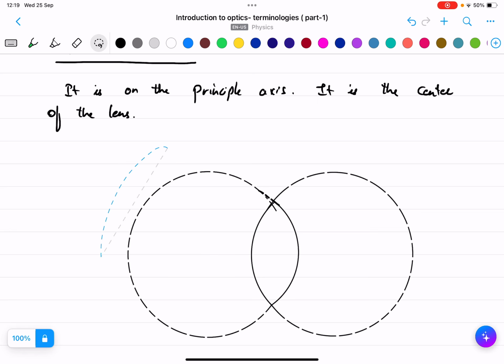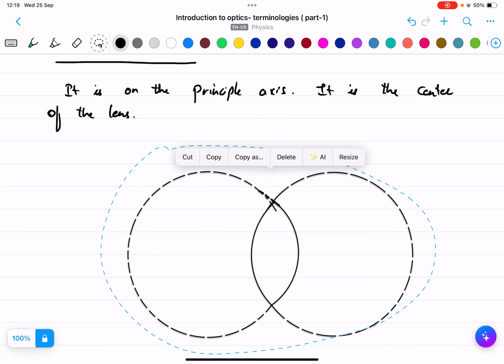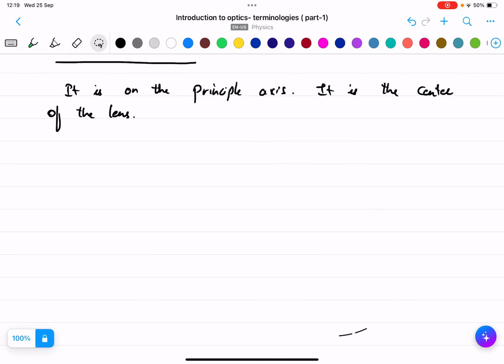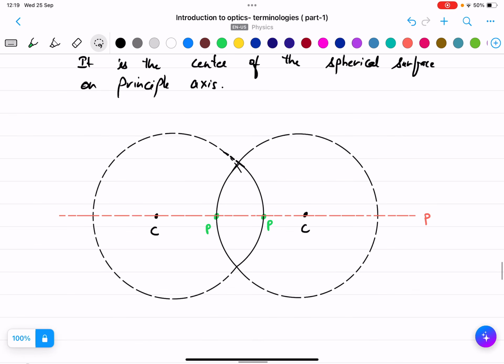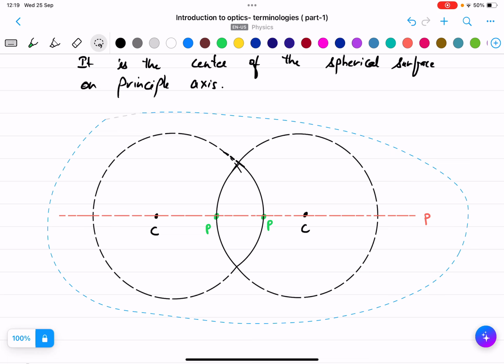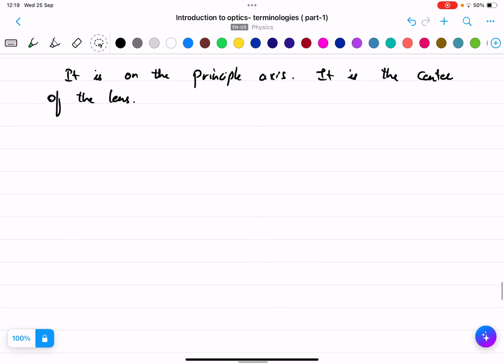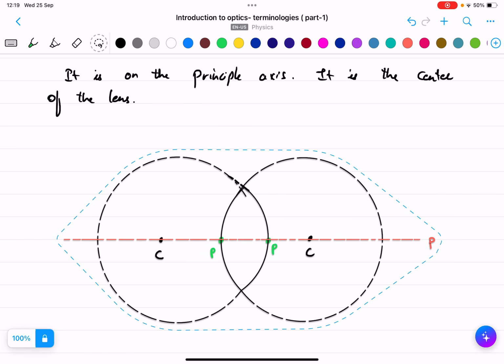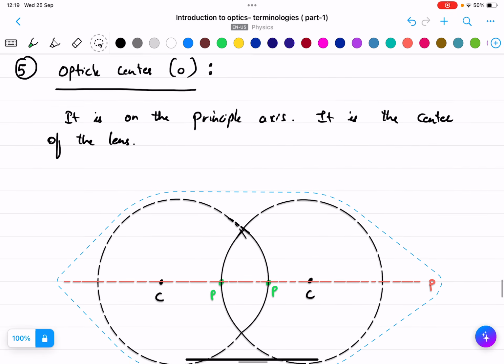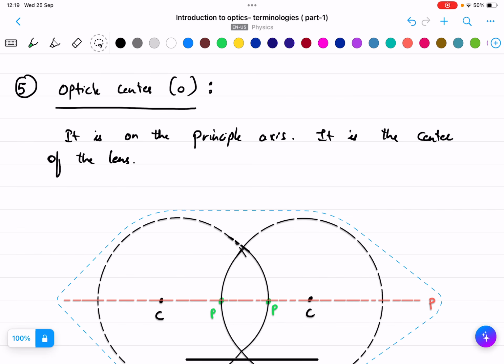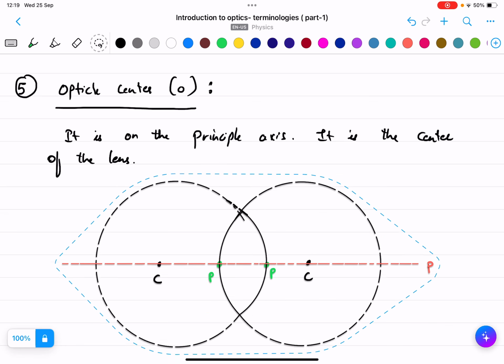Okay, let me delete this. We'll take the previous picture. Let me copy this picture. Now, next one is optical center. Optical center is on the principal axis. It is the center of the lens.